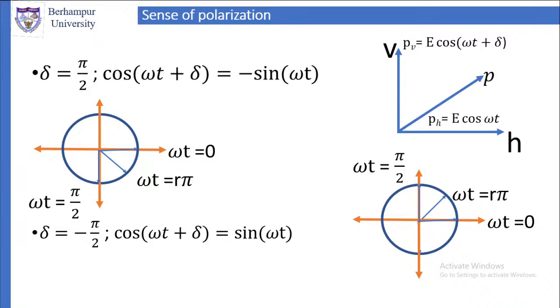The rotation is in the anti-clockwise direction. Therefore, the sense of polarization is left-handed. So delta is equal to plus pi by 2 gives us right-handed polarization. Delta is equal to minus pi by 2 gives us left-handed polarization.